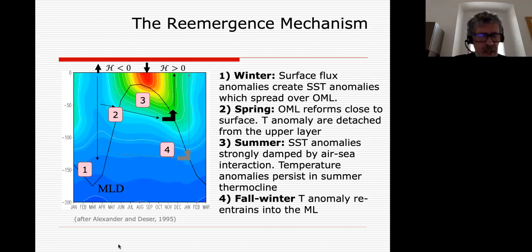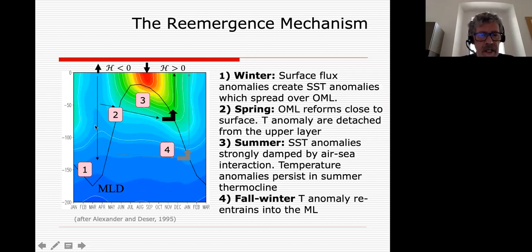Let's take a look at the seasonal cycle of the mixed layer, and at this winter here. We saw before that during winter, the water column is cooled and almost homogenized up to 100, even more meters. We can have two conditions.